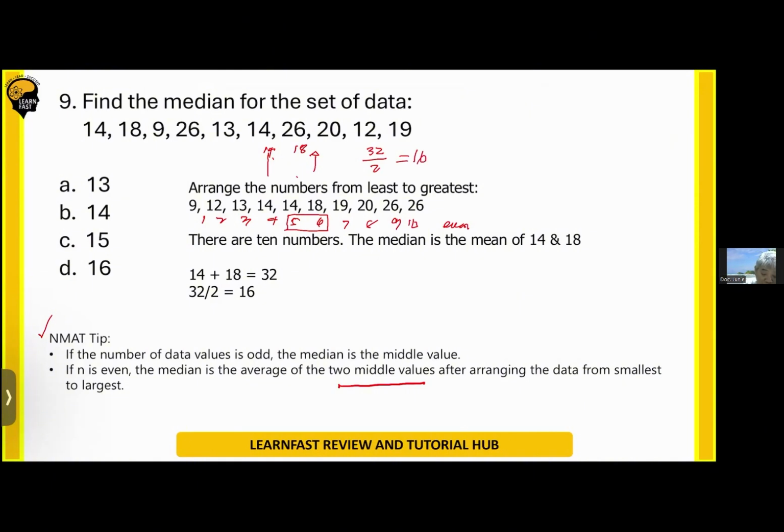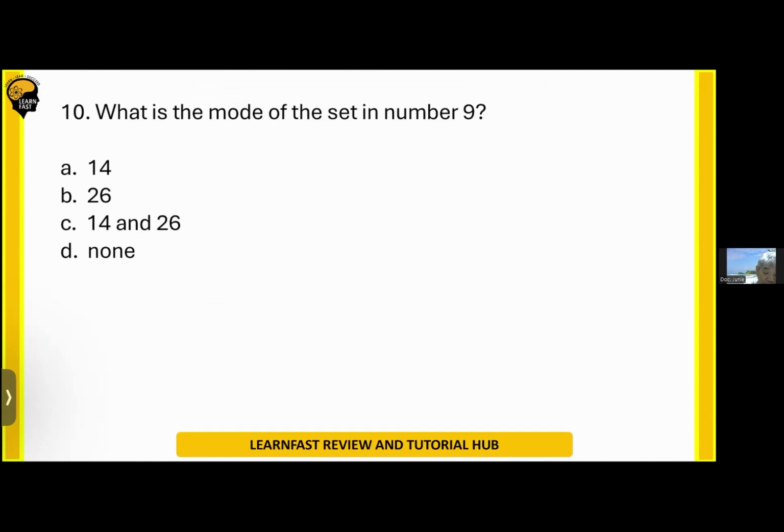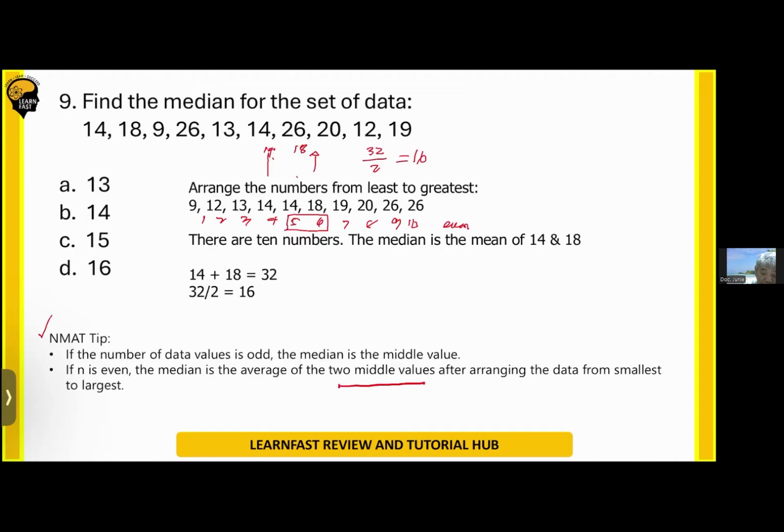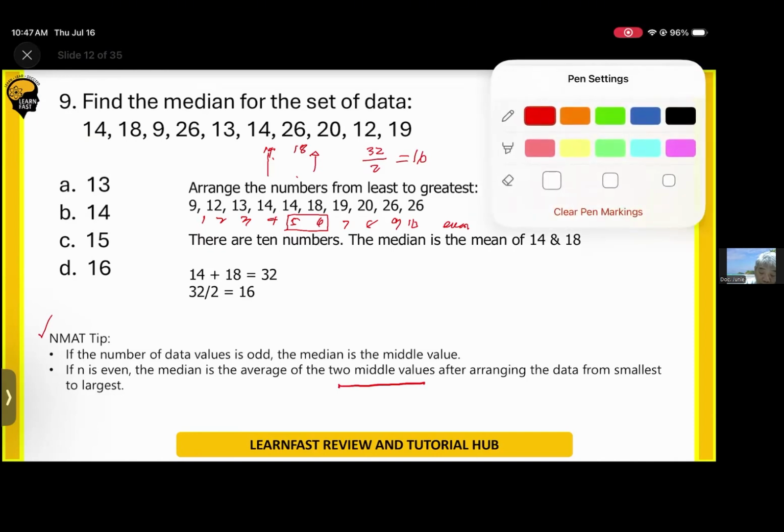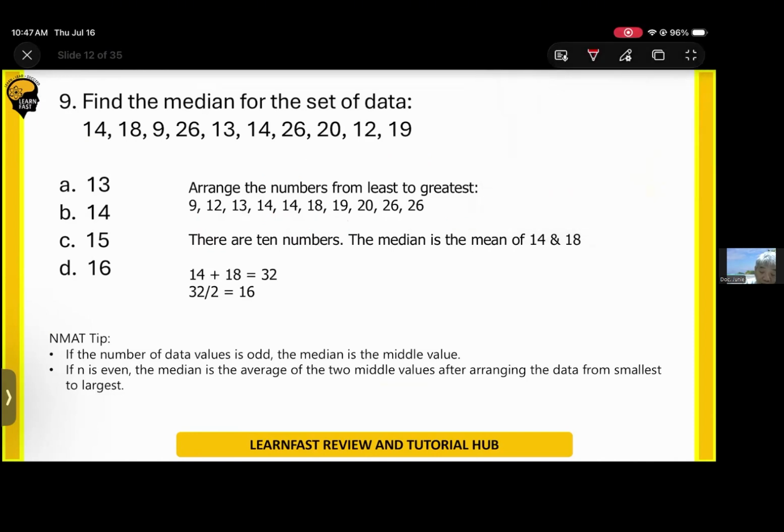Okay? Then we go to number 10. What is the mode of the set in the number 9? So, balikan lang natin yung sinulat natin. So, pag sinabing mode, how frequent is that particular number seen? Okay?